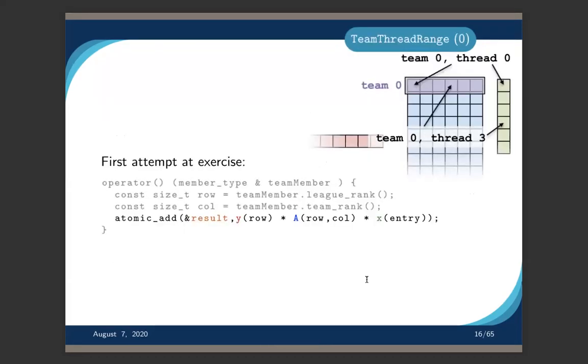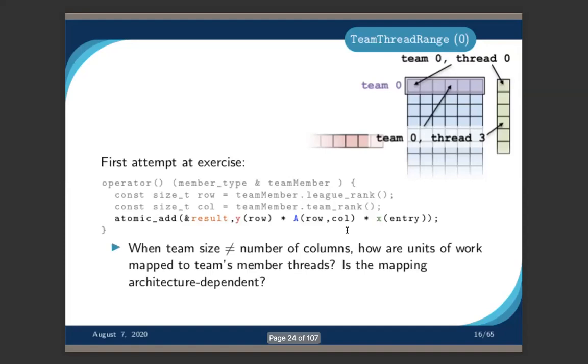So let's do a first attempt at that exercise, right? One thing we can do, if we have this league rank and team rank, is we could launch n teams of m threads, and then use directly the league rank and team rank as my row and my column index. Now, that doesn't really work if your team size is not the number of columns.